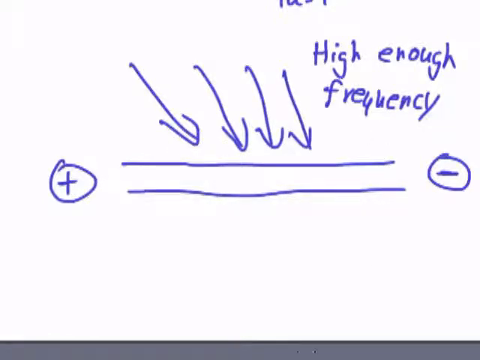Now most people use this as an argument for the idea that light is a particle. I'm not entirely sure I agree. I kind of think this is more an example of some kind of resonance effect, or maybe it's just a matter of you have an E field.